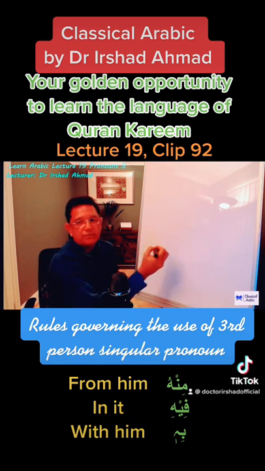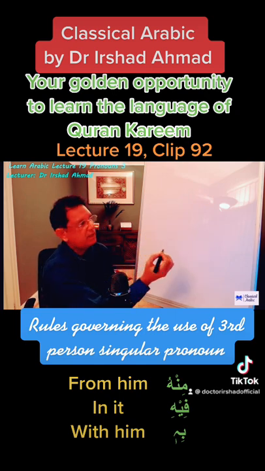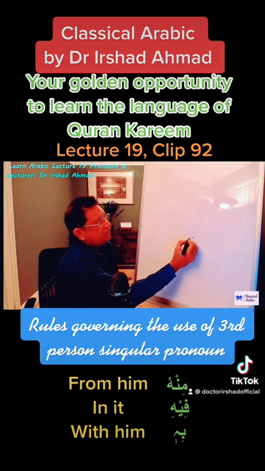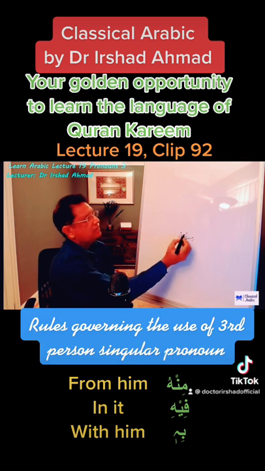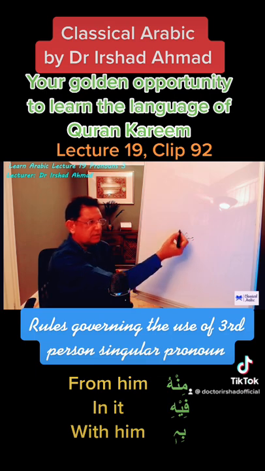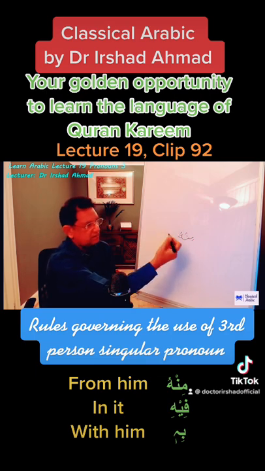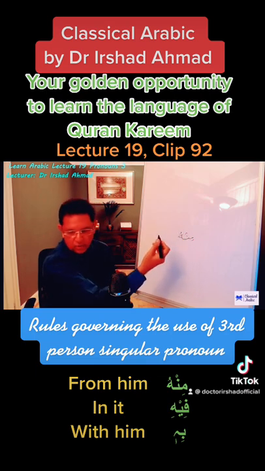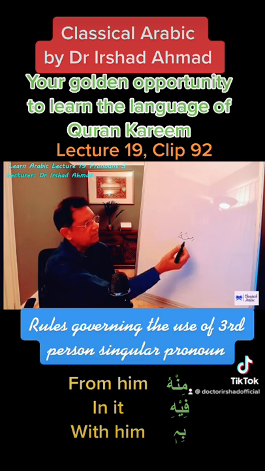If we say from him, we say minhu. So when it's preceded by sukoon, it is written the normal way and we do not prolong it. So it's not an inverted dhamma now. It is the standard, regular dhamma we write. So minhu.